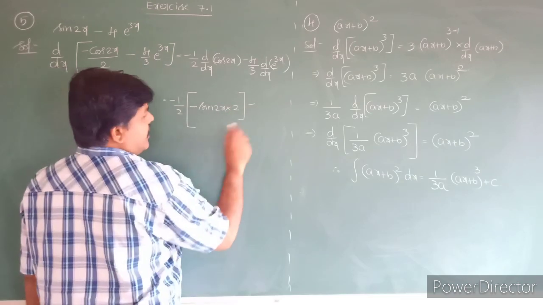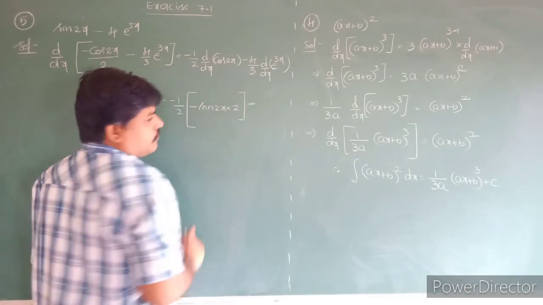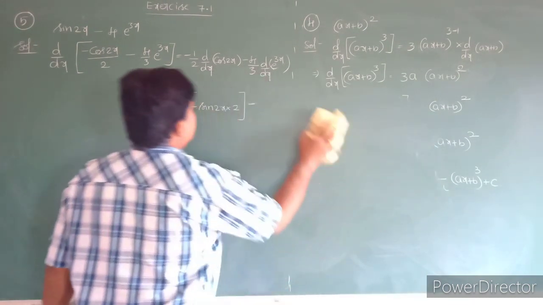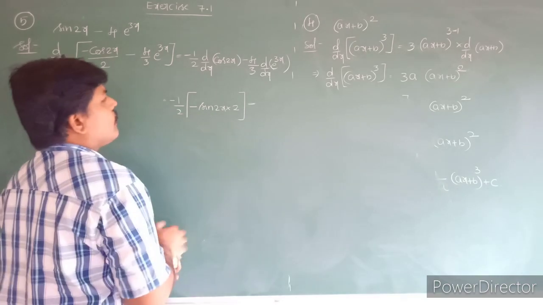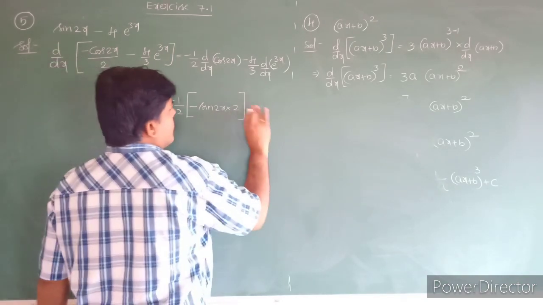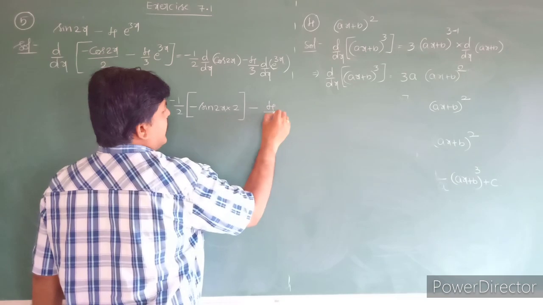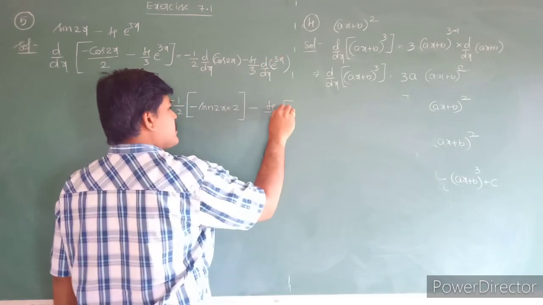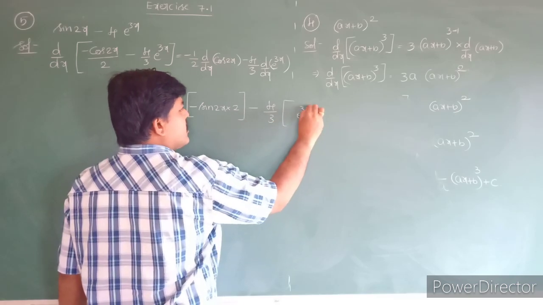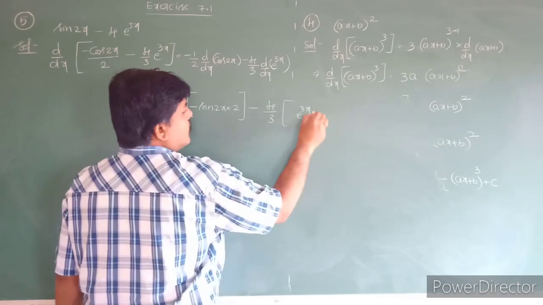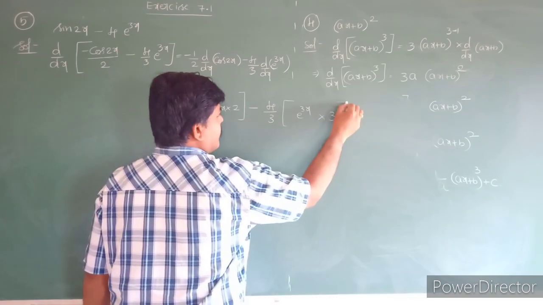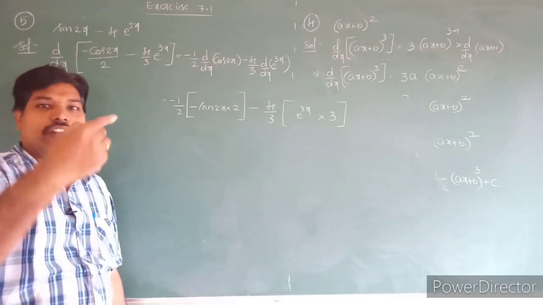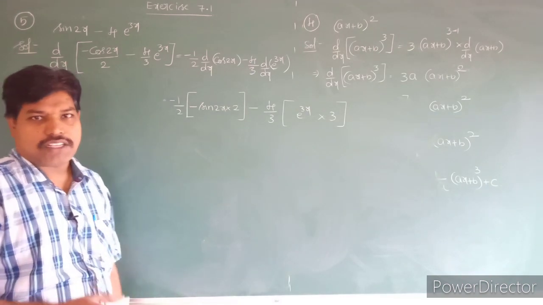Minus 4 by 3 times the derivative of e power 3x: e power 3x derivative is e power 3x into the derivative of 3x, which is 3. In differentiation the derivative comes in the product; in integration the derivative comes under the value. That is the difference.